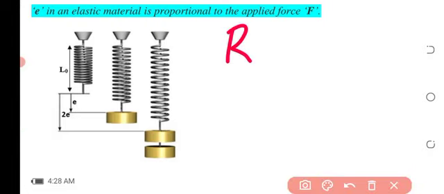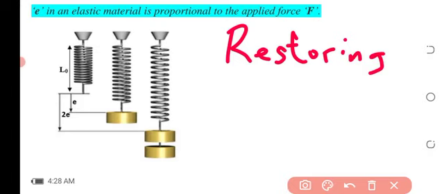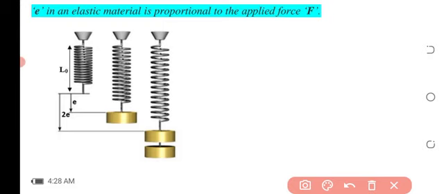And what is restoring force? When you are compressing or extending a material, there is a force in the material that tends to return the material to its original form. This force is responsible for the elasticity in a material, and it is known as a restoring force.